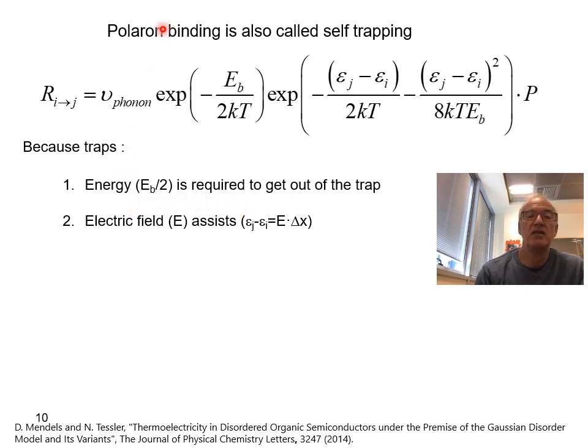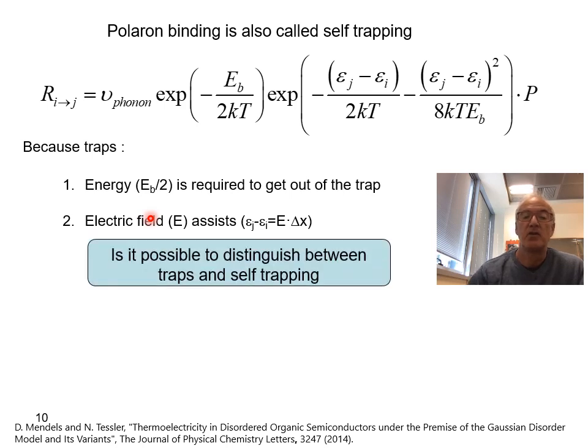So this is really something that is often very difficult to distinguish between the issue of polaron distortion, or the issue of traps or disorder. But there are instances or scenarios where we could really distinguish between the two, not always, but it's possible.